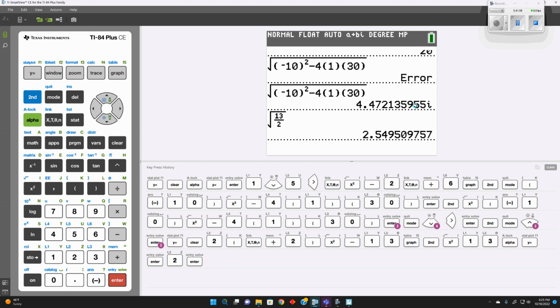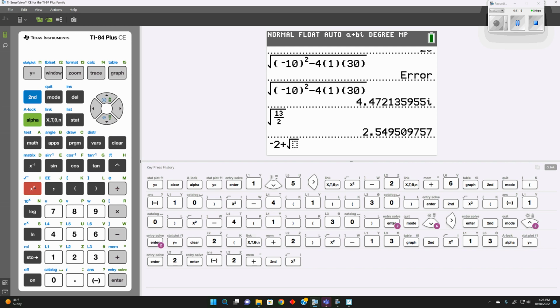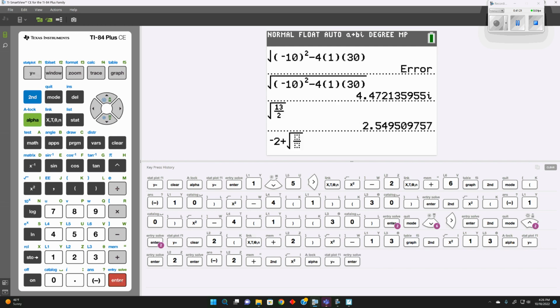So for us, it would have been, make sure, -2 plus second square root alpha y equals enter 13 over 2.